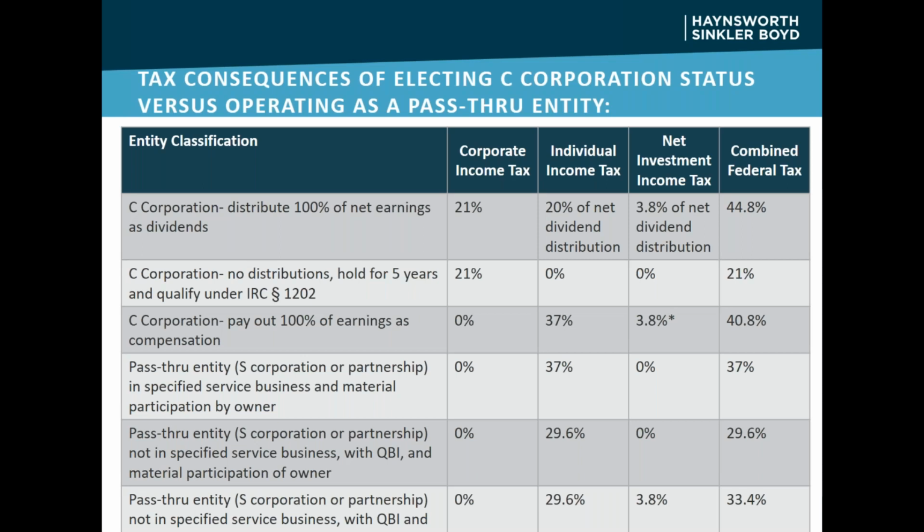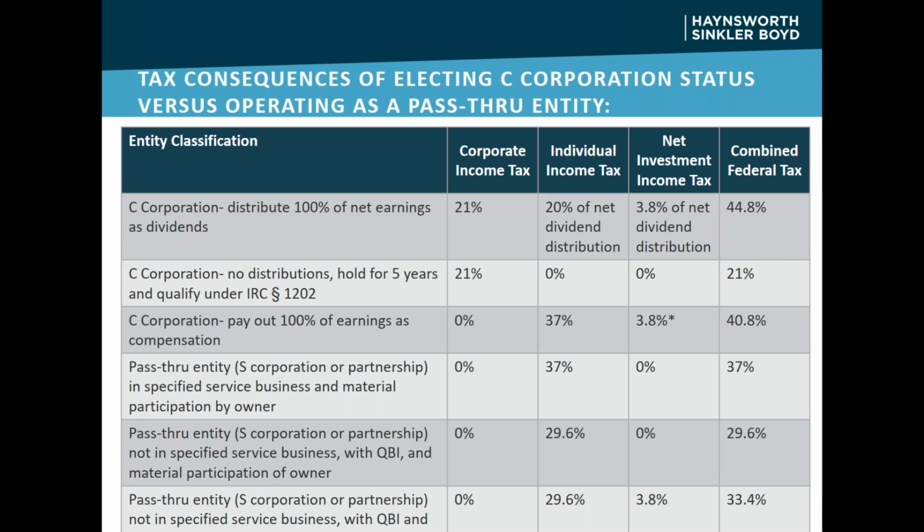And then finally, if we are not in a specified service trade or business, have qualified business income, but the owner does not materially participate in the business, we still have that lower tax rate of the 29.6% due to the qualified business income deduction, but the net investment income tax of 3.8% does apply, and the combined federal rate is 33.4%.